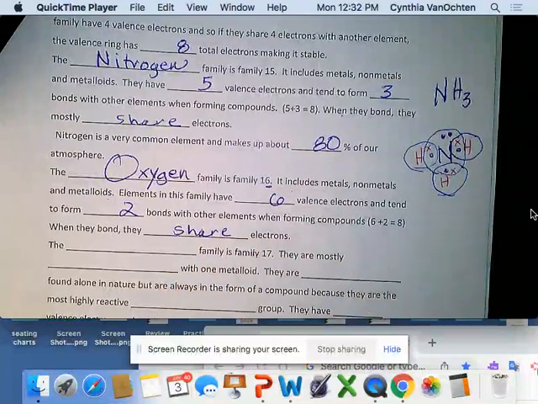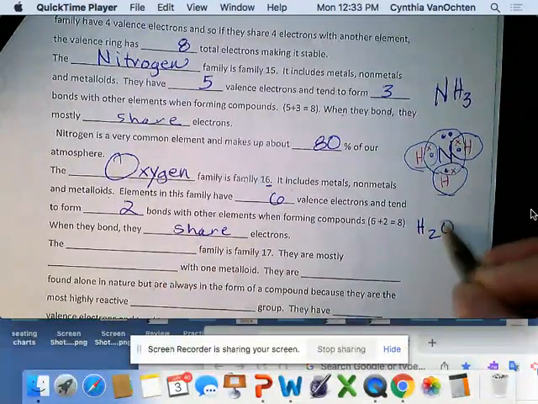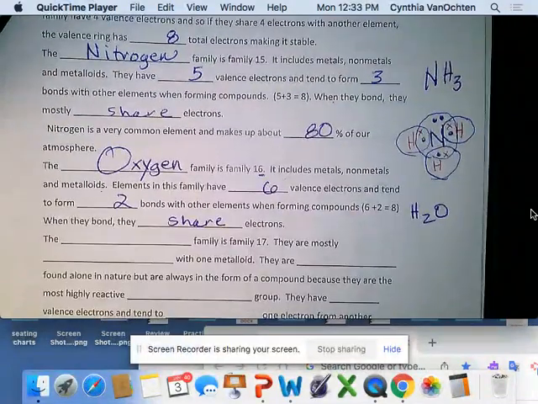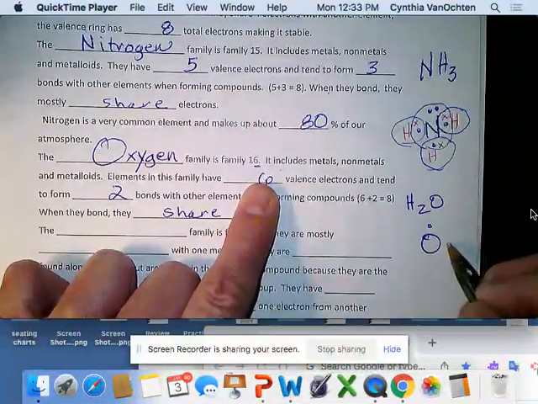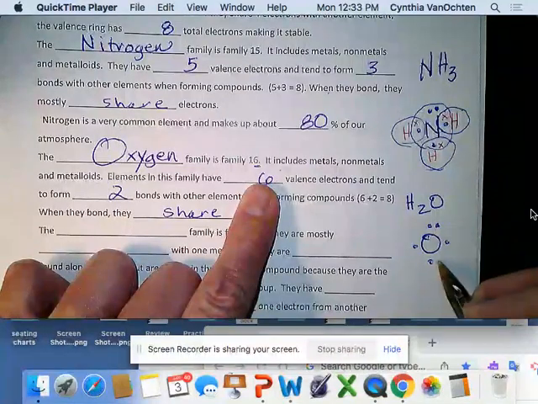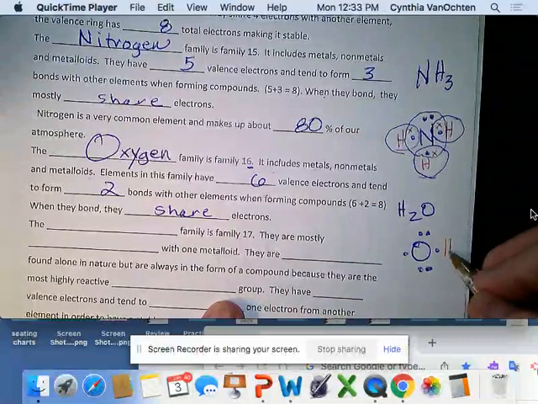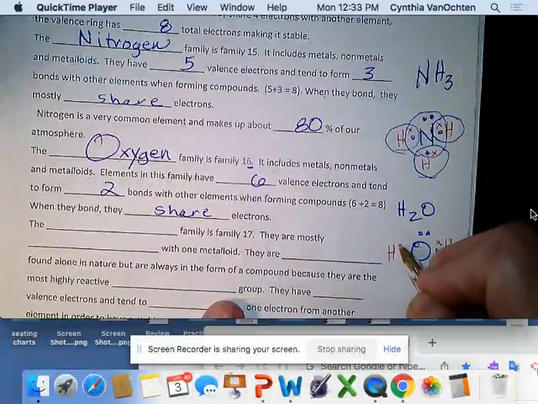So let me show you again. If we look at H2O, we see why this compound works. So if we draw oxygen, it's got 6 valence electrons: 1, 2, 3, 4, 5, 6. Now I'm going to draw the hydrogen. The hydrogen just has 1 valence electron, and we have 2 hydrogens.